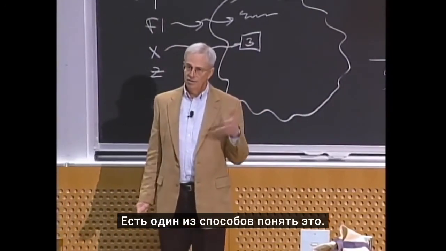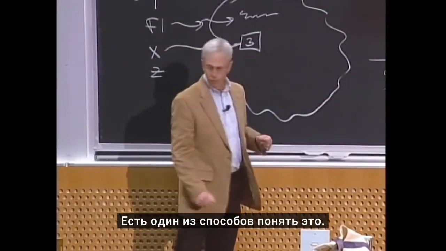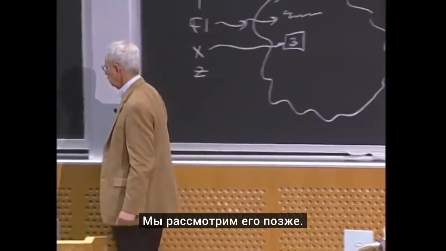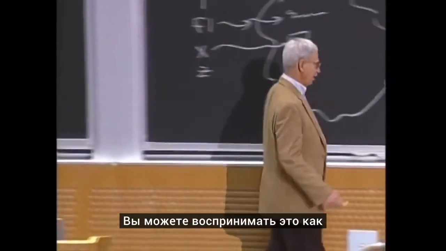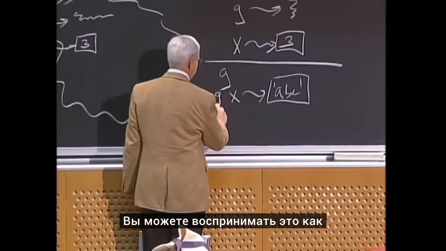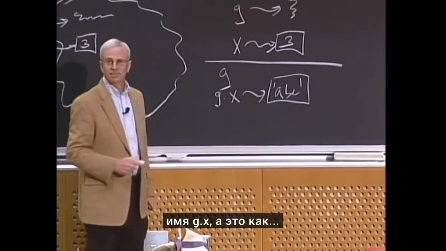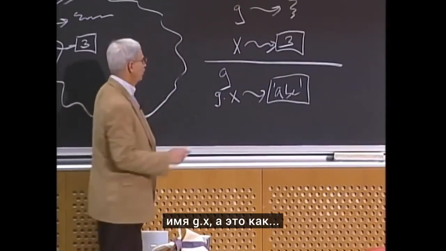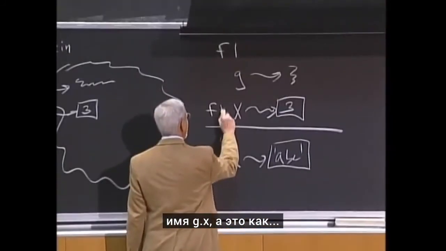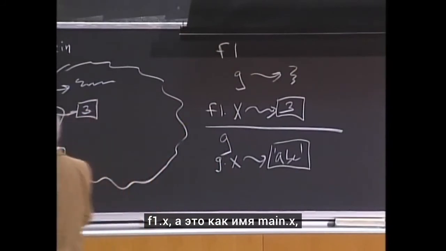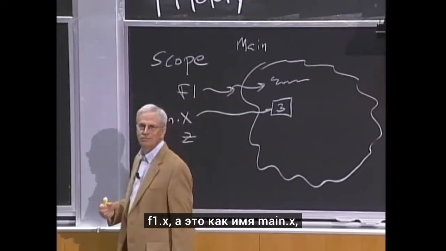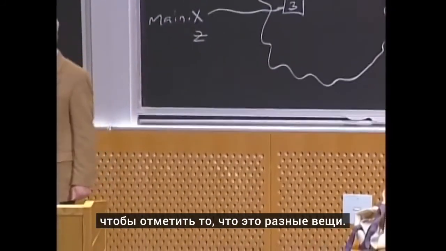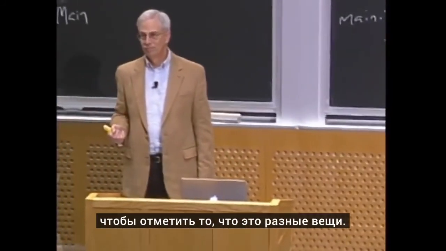So one of the ways to think about it, and we'll see this later when we get to classes, a lot later, you could, if you wanted, think about this as really the name g.x. And you could think of this as the name f1.x, and you could think of this as the name main.x, indicating that they're really not the same.